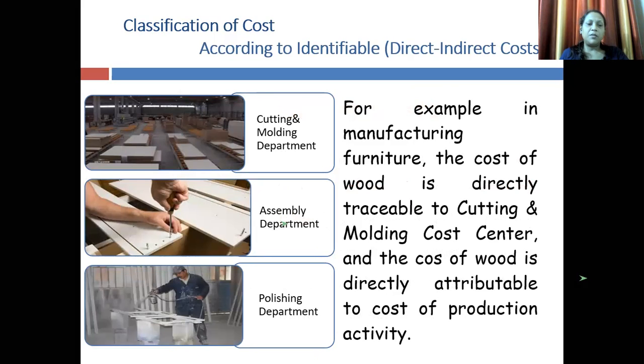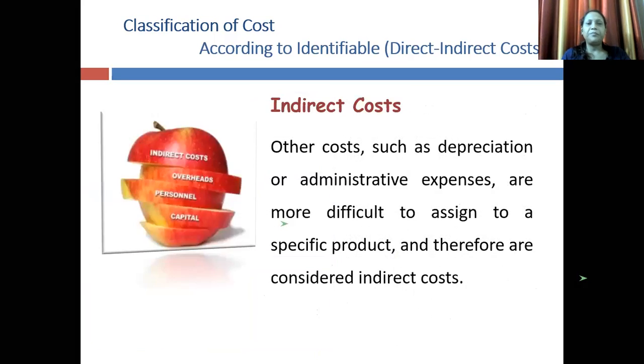There are different departments in a unit. So for example, manufacturing of furniture, the cost of wood is directly traceable to cutting and molding cost center, and the cost of wood is directly attributable to cost of production activity. So this is a case study, this is an example.